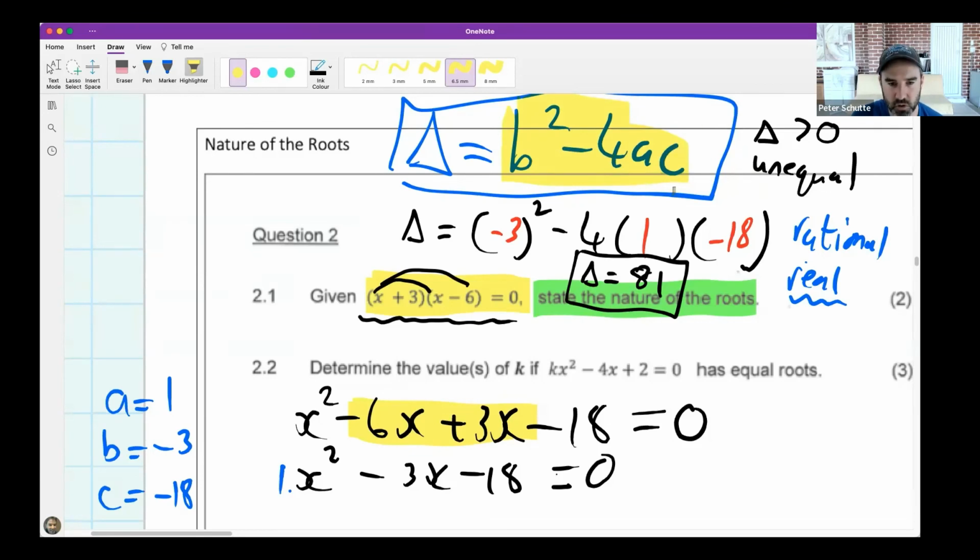And so what you're going to need to do now is go back and learn, okay, well, if delta is equal to 0, then the roots are going to be, sorry, the roots are going to be equal. I'm not going to go into that in too much detail, but I want you to go back, think about working out delta, and then thinking about what facts you need to know about delta to know the nature of the roots.